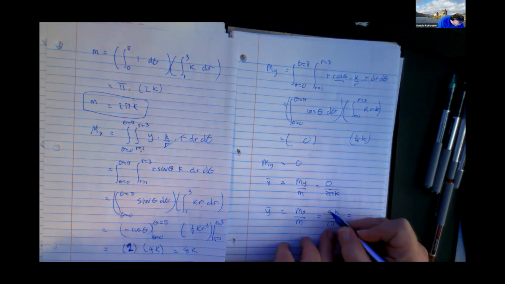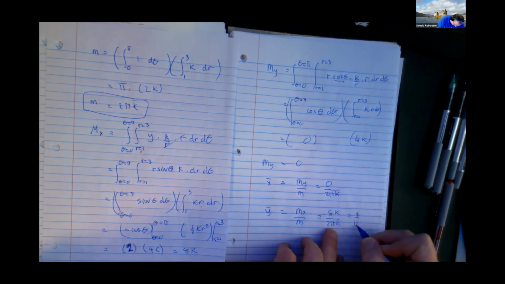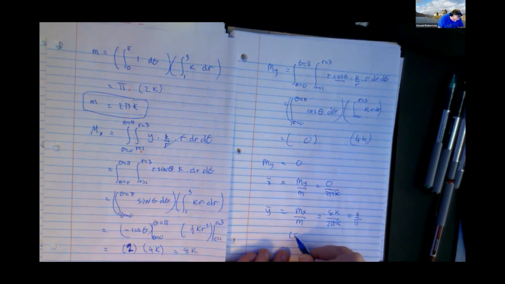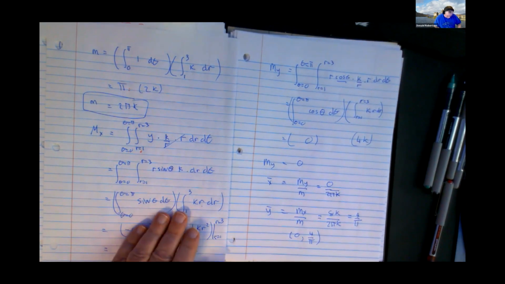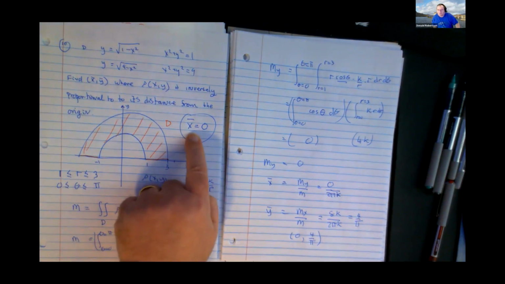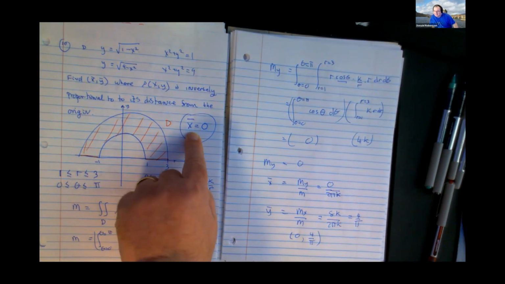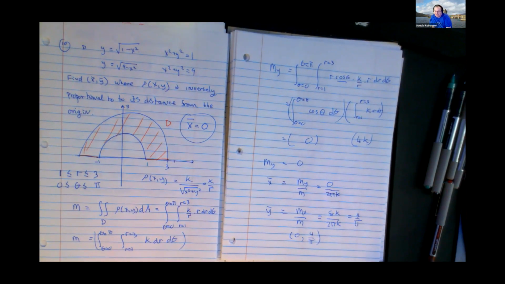And the k's cancel and the 8's partially cancel, so you get 4 over pi. So 0, 4 over pi. Hey. Yay. Isn't it nice when what you think should happen goes and happens?